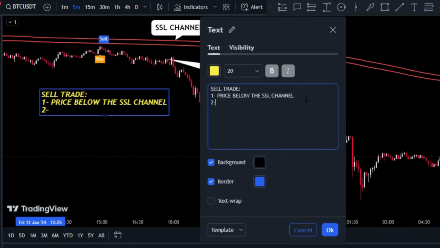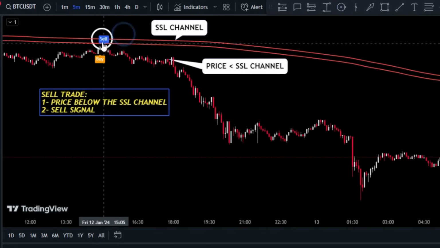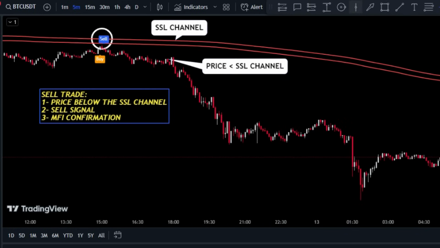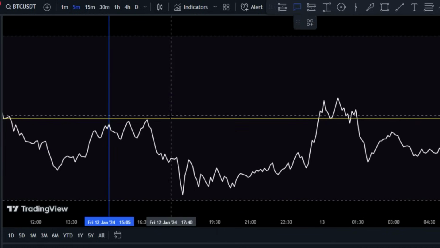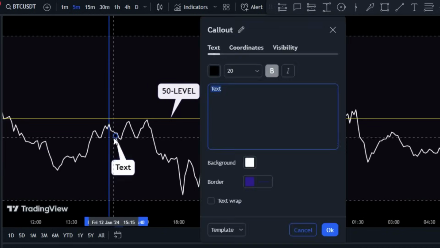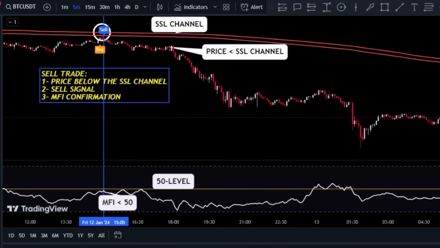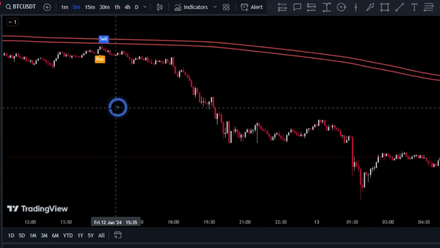Next, we'll be on the lookout for a sell signal to be generated. However, we're not done yet. It's essential to confirm the signal using the MFI indicator. So once all three of these conditions are met, we can confidently enter a sell trade.